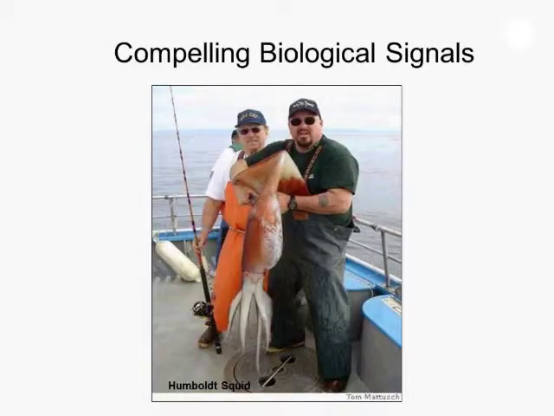There are some good signals that this is happening. Probably the best example is coming from the expansion of Humboldt squid into Northern California, and I believe into Oregon as well, over the last 10 to 15 years or so. The population is kind of going back and forth, but they're still in the system.